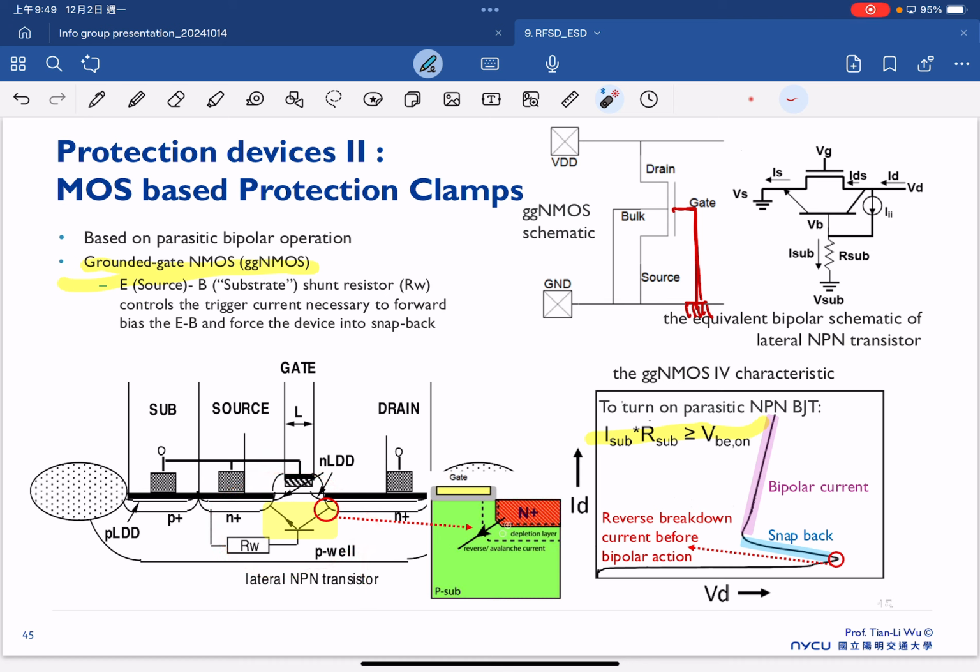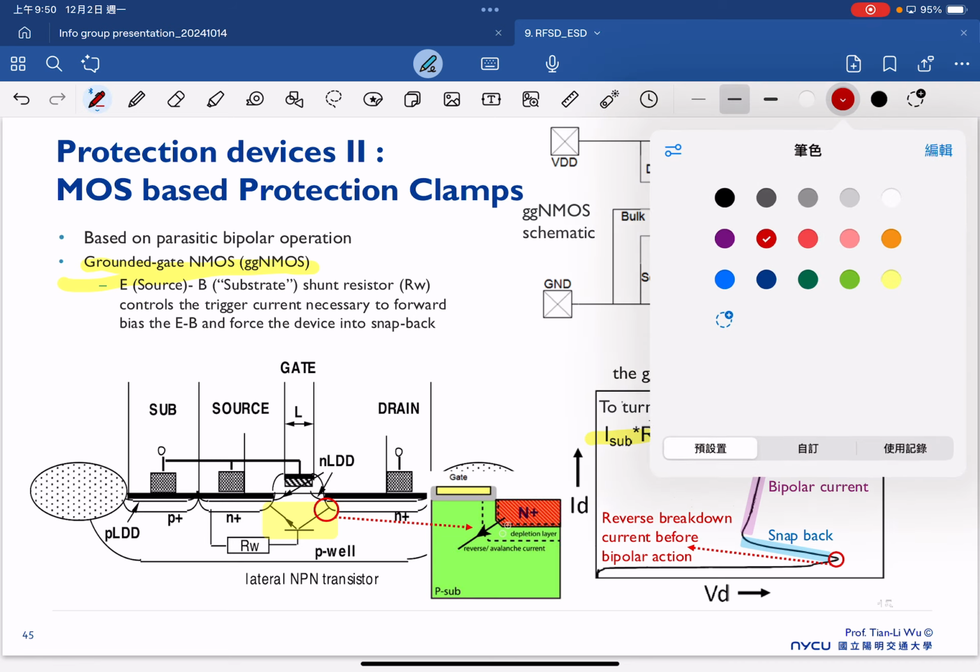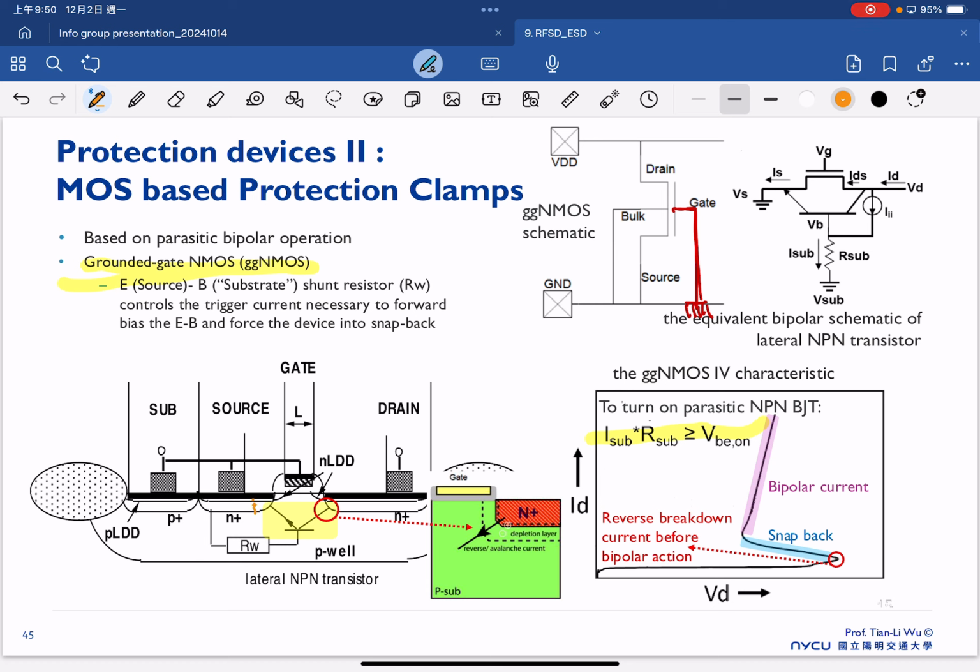Therefore, we can start to consider turning on this NPN BJT. So we have this, this is our NPN BJT here. The schematic for this one is that we ground the gate here, and then we start to consider the operation of this BJT.